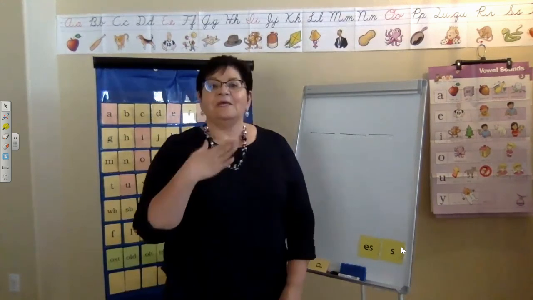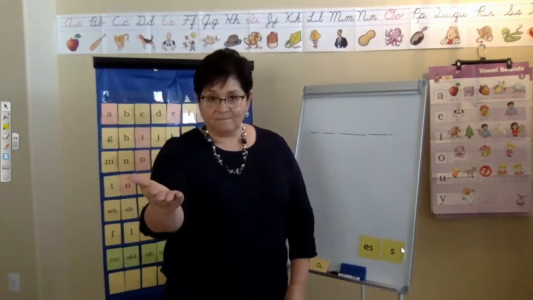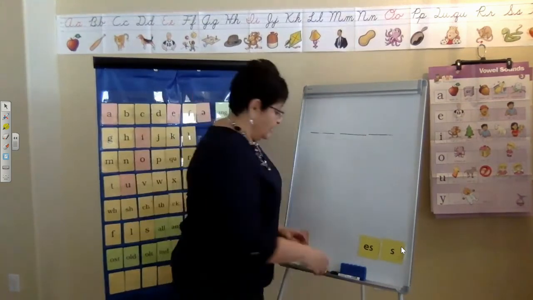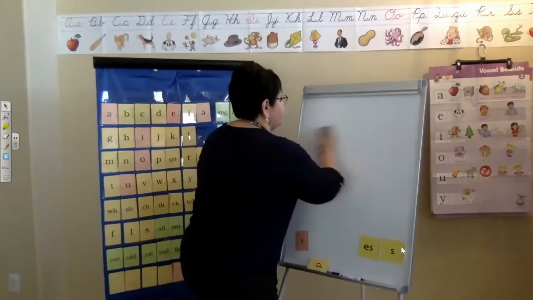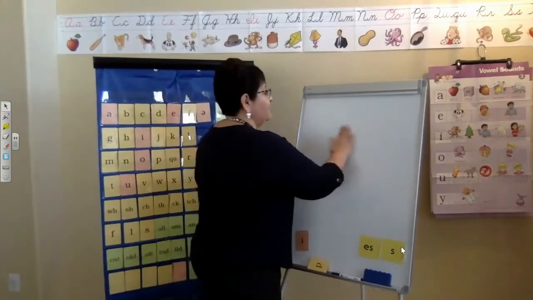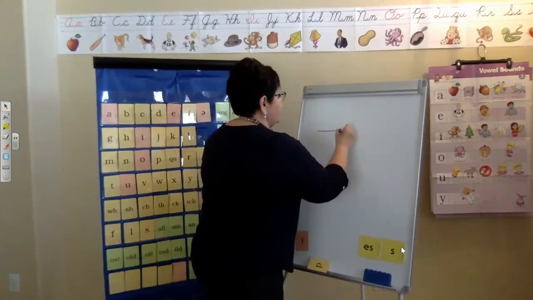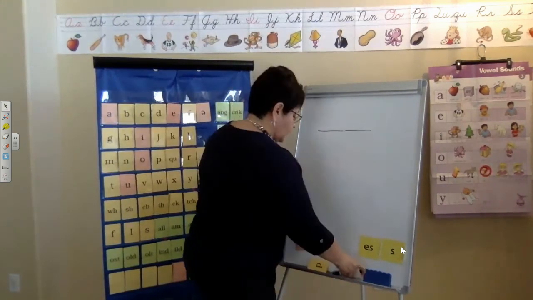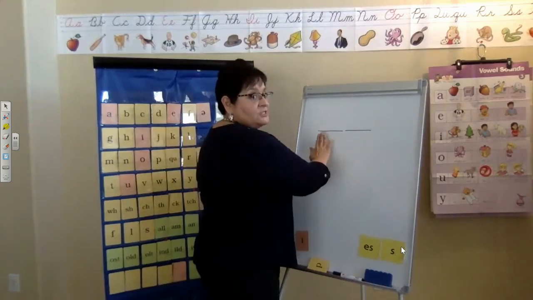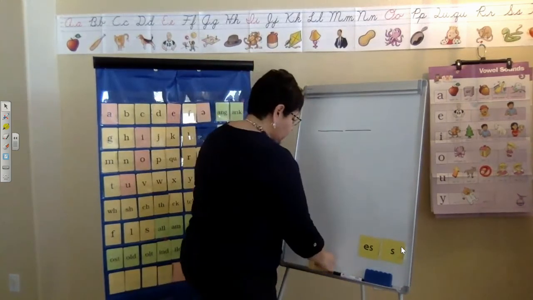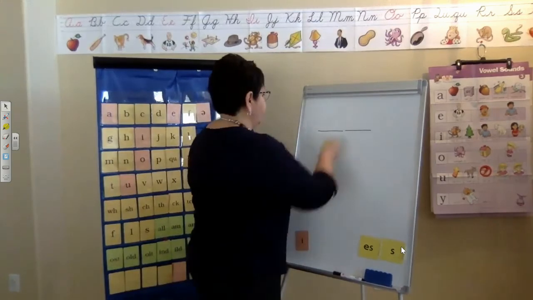Be my echo. Puppies. What is the base word? Puppy. All right, so let's see how many lines we're going to need for this one. Puppy. How many lines? 2. First syllable, pup. Build what says pup. Pup.